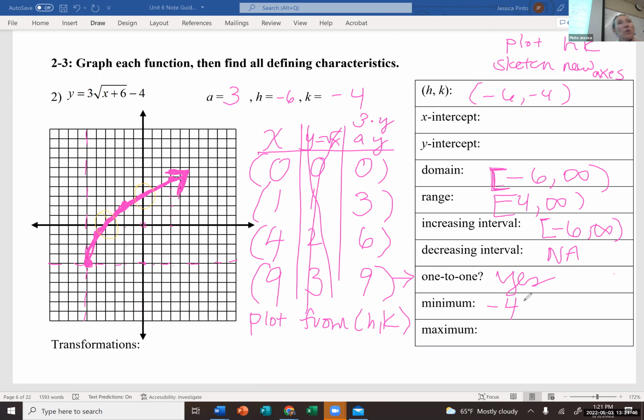What is the largest Y value? It would be infinity, but we don't write infinity because that's not a value that we can reach. So what do we say instead? We say NA. There's no such thing as the maximum. It goes on for infinity. I know that's a little bit tricky.